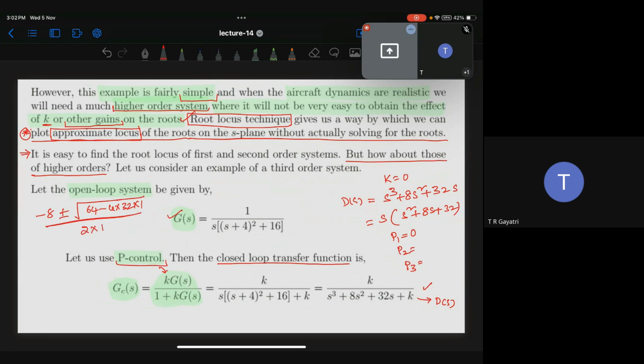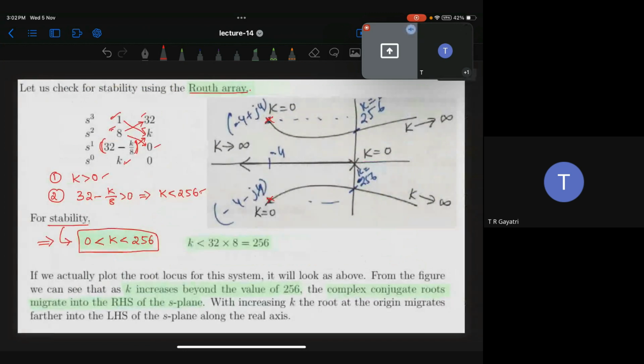Correct? Here you can see the term inside the root is negative, so obviously the roots are complex. It means it is something like minus 4 plus or minus j times something.